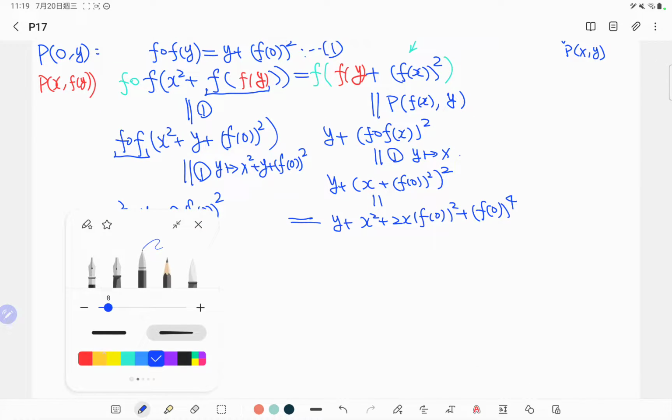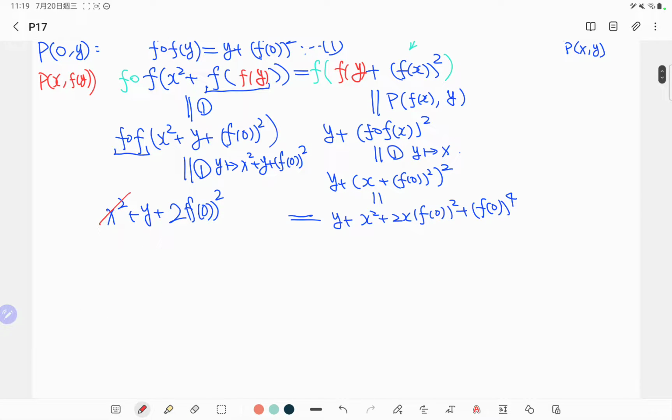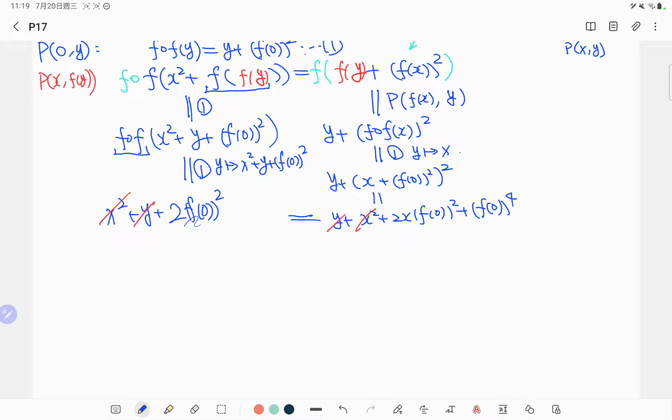Here we can do some cancellation. We can cancel x² on both sides. We can also cancel y on both sides. Then we can try to find out what f(0) should be. Let's move this over and swap the left and right sides. So we have (f(0))⁴ + 2x(f(0))² − 2(f(0))² = 0.